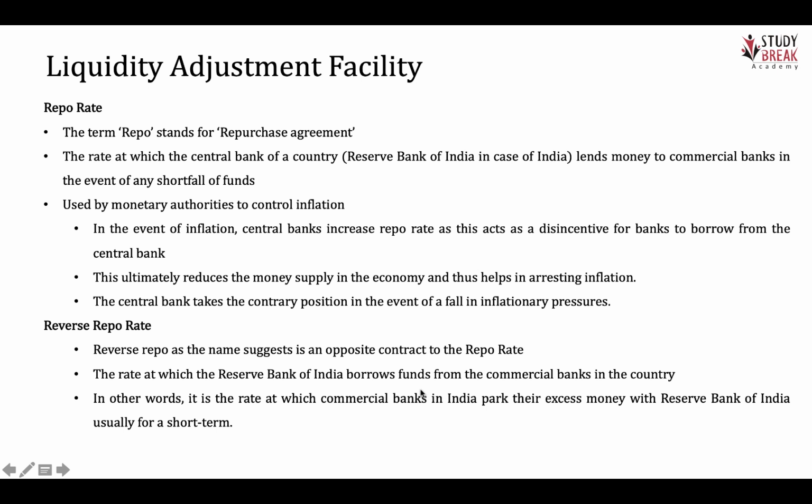By reducing the repo rate, RBI is saying that, look, you bank, you can borrow money from me at a very low rate. So borrow money and pass it on to the consumers, to the investors, and to the organizations, so that there is more activity in the economy, people start buying more, and more jobs are created. So this is how they use repo rate to control the liquidity in the system.